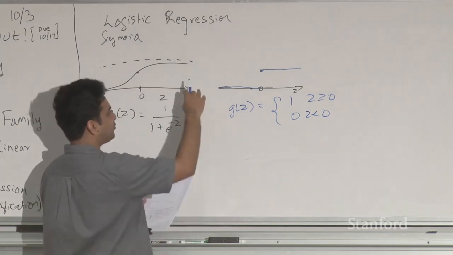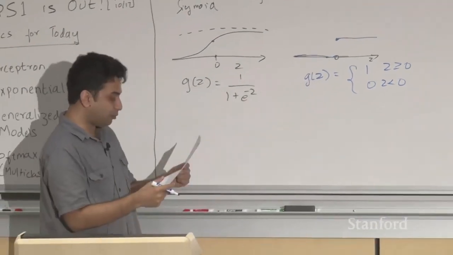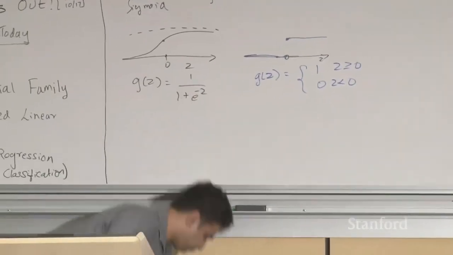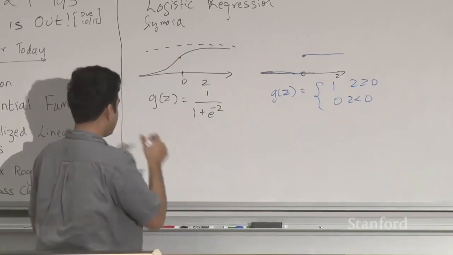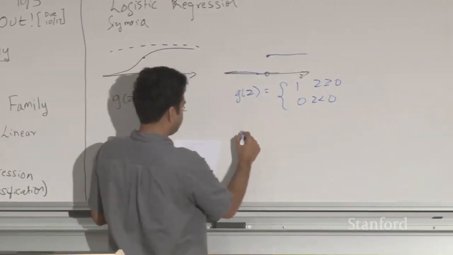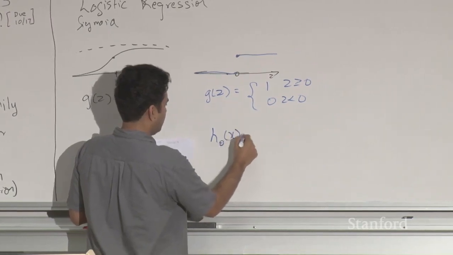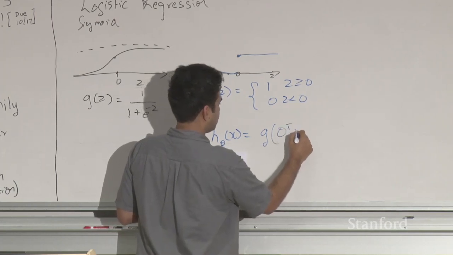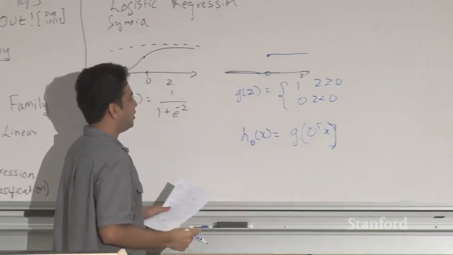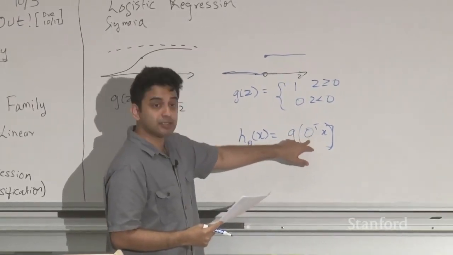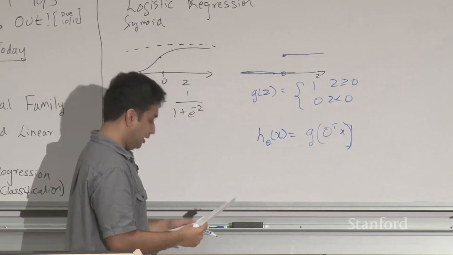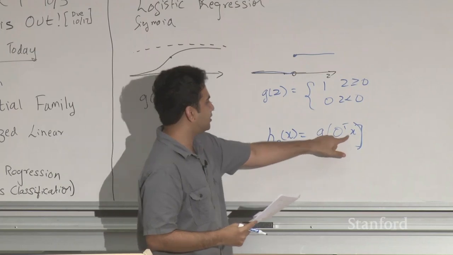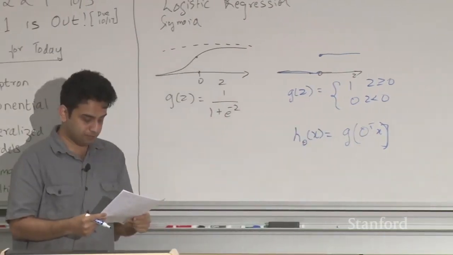So you can think of this as the hard version of the sigmoid function. And this leads to the hypothesis function being h theta of x equals g of theta transpose x. Here theta is the parameter, x is the input, and h theta of x will be 0 or 1, depending on whether theta transpose x was less than 0 or greater than 0.